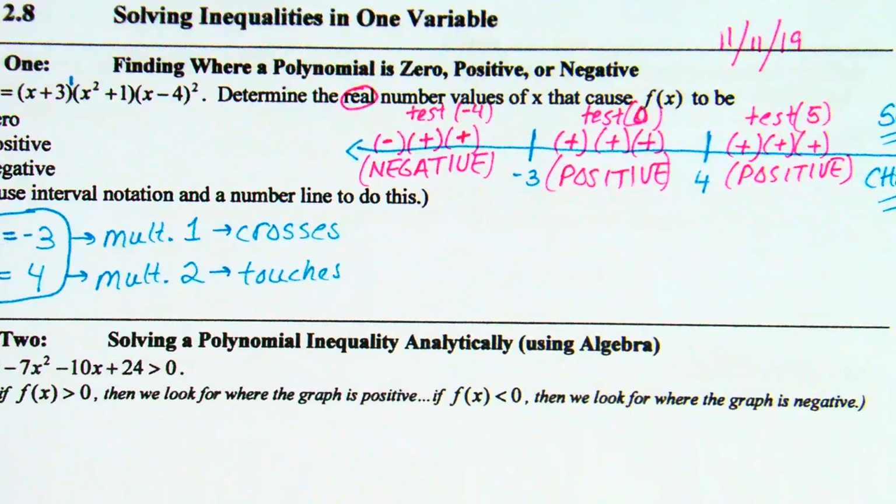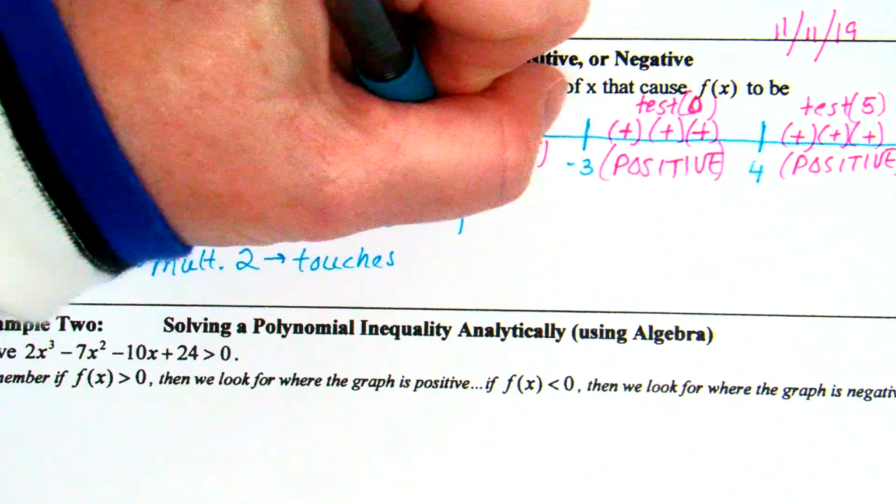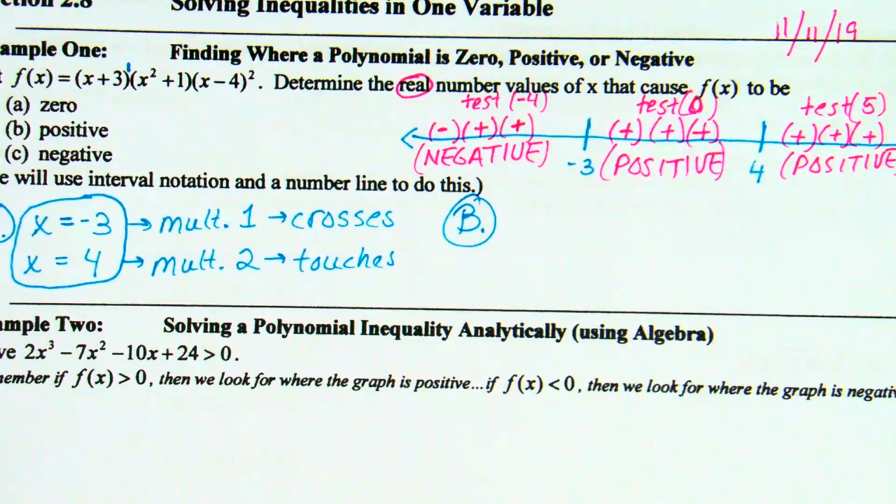Okay, so part B wanted to know on what intervals my graph will be positive. So where's my graph going to be positive? With the exception, is it positive at 4?